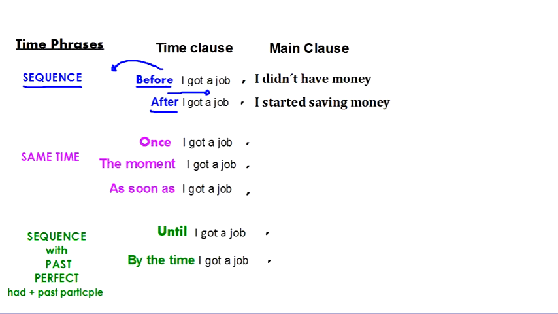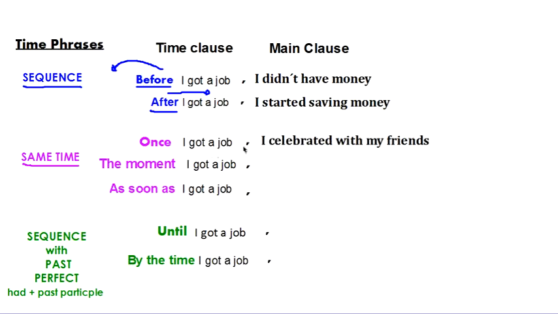Now, when I want to talk about two things that happen almost at the same time, I can use things like once, the moment, and as soon as, right? So we use these for two things that happen almost at the same time, or the second action happens almost immediately after the first one. So if I say, once I got a job, I celebrated with my friends.